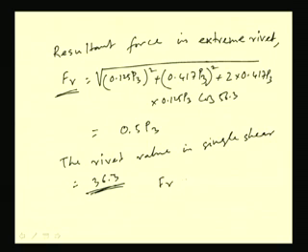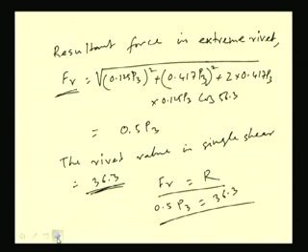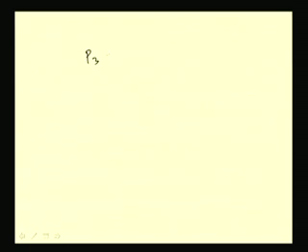So, Fr should become R for getting the maximum permissible value, that means 0.5 P3 will be equal to the rivet value, 36.3 kilonewton. So, from this I can find P3 is equal to 36.3 by 0.5, that means 72.6 kilonewton.